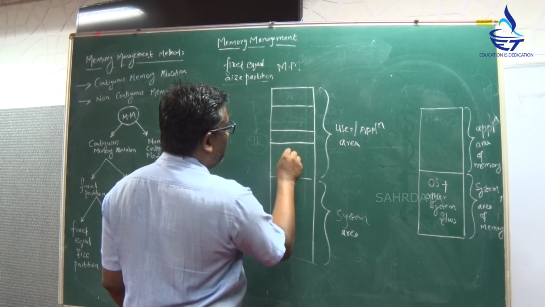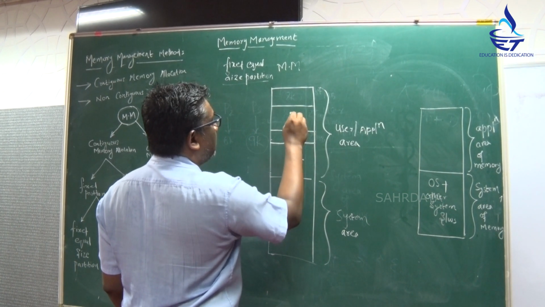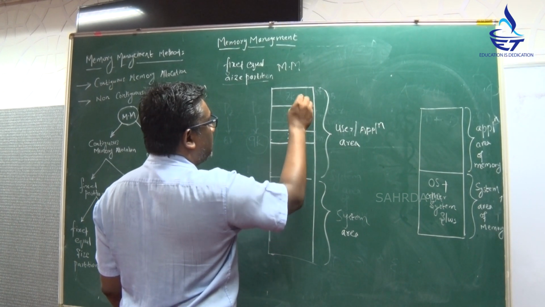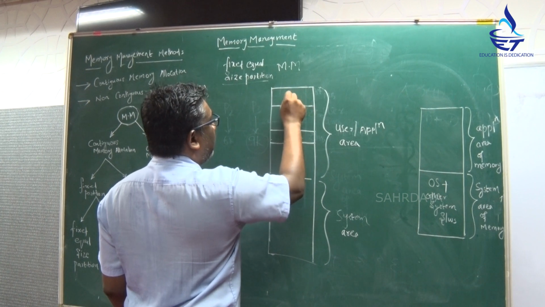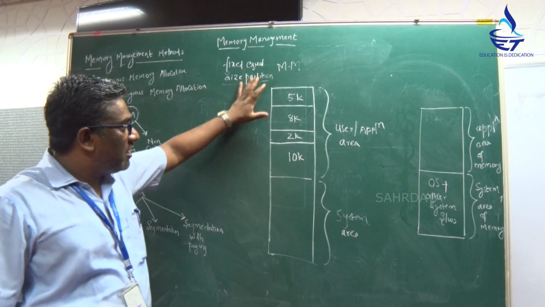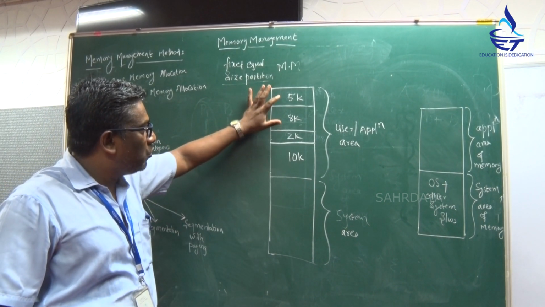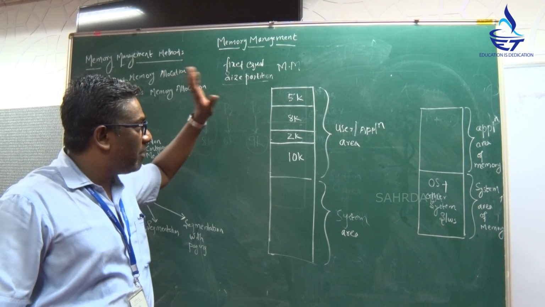This is 10K and this is 2K and this is 8K and this is 5K. Now I have partitioned the user area of memory into 4 memory blocks.